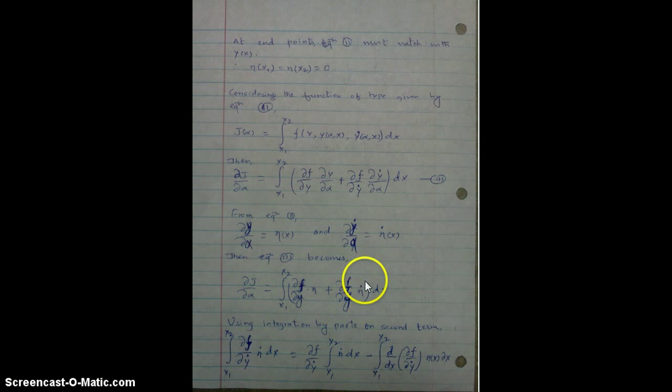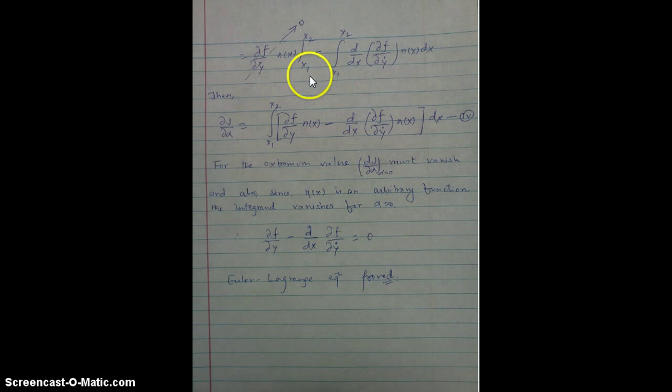Now for the second term over here, I have used integration by parts, which would give me the partial derivative of f with respect to y dot times eta, evaluated from x1 to x2, minus the integral of d over dx of the partial derivative of f with respect to y dot times eta of x dx, with limits x1 to x2.